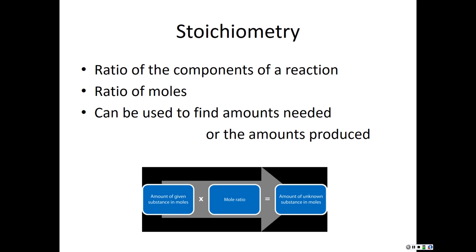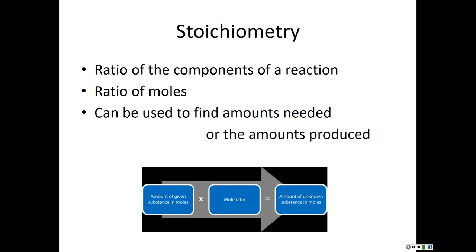Okay, so now once you've got a balanced equation, you can start converting between moles. That's where stoichiometry comes in. Anytime you want to change from one species to another, you do that through mole relations, and that's stoichiometry.